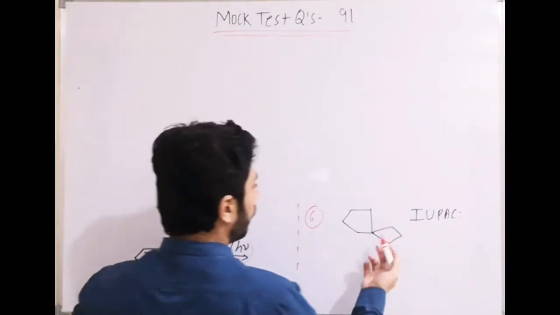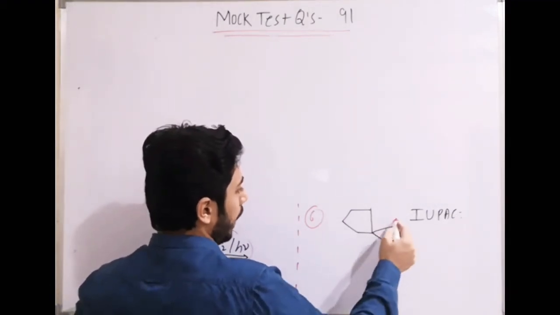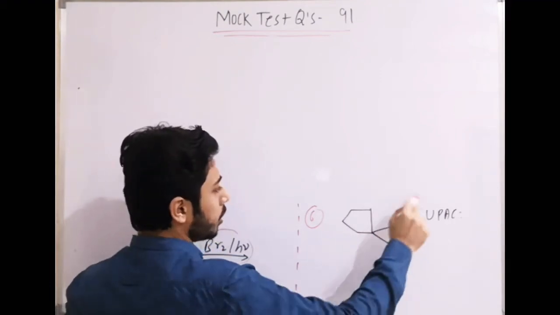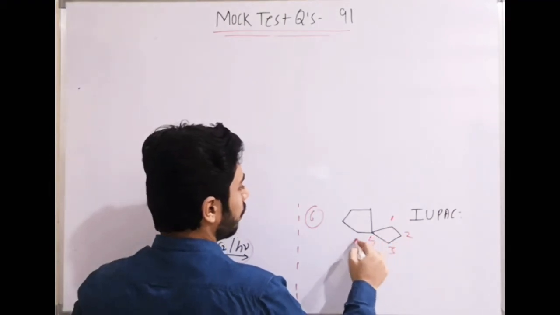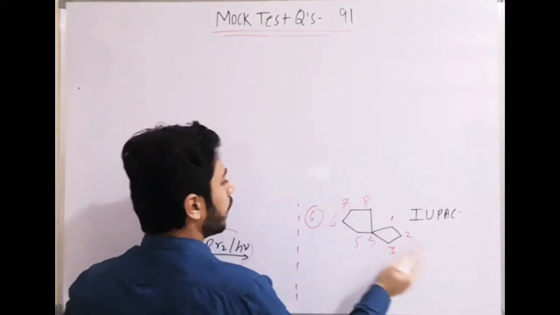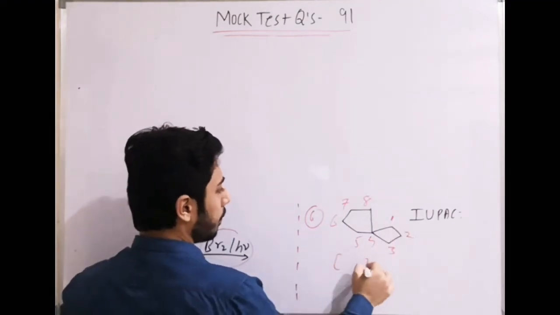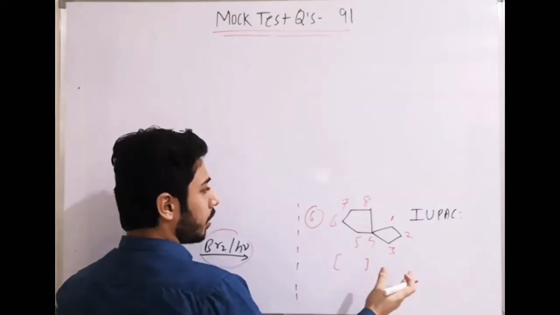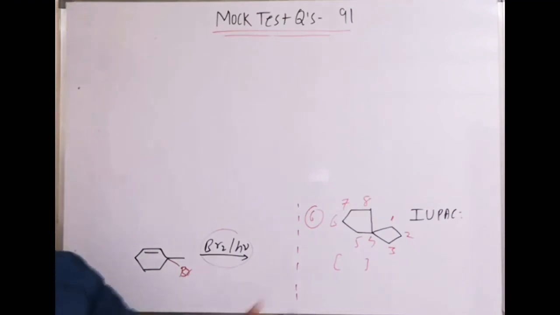Then next is the spiro compound. Spiro compound numbering will start from the carbon adjacent to the spiro atom, and the smaller ring is numbered first, so we proceed through the smaller ring 1 2 3 4 5 6 7 8. Then the name will be spiro. How many carbons are there? In bracket you can mention 3, then 4, in ascending order, and the total is octane. I think this naming was covered in IUPAC part 2.